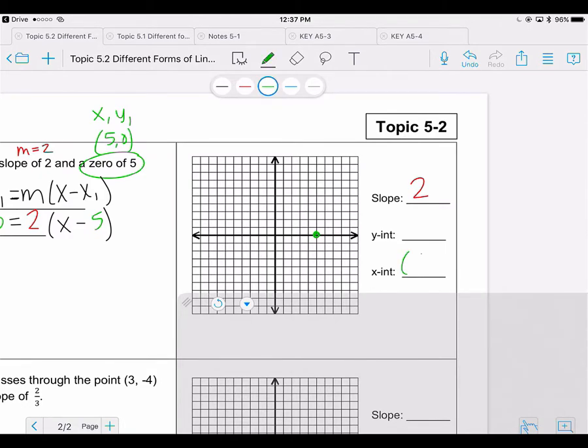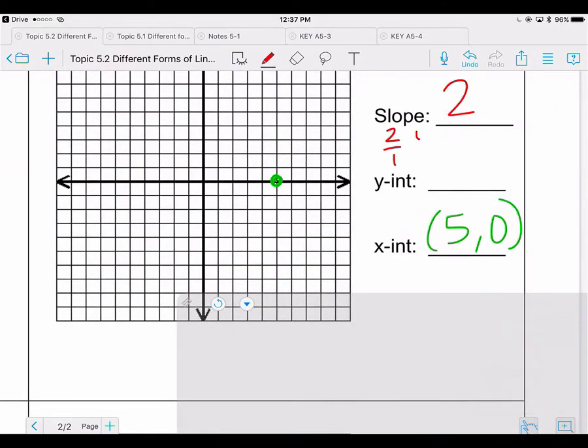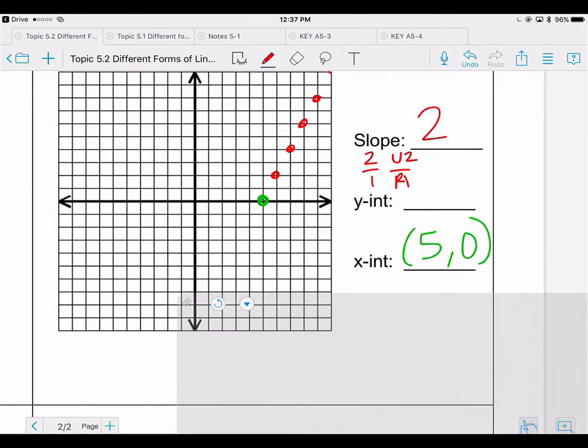My x-intercept is the point 5, 0. And I can use my slope of 2 to go up to right 1. I can also go down to left 1.